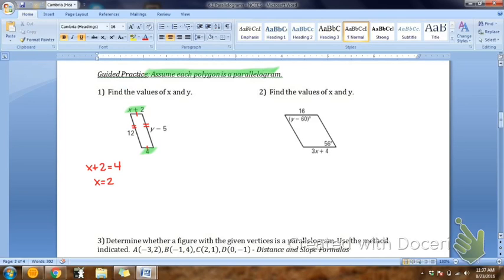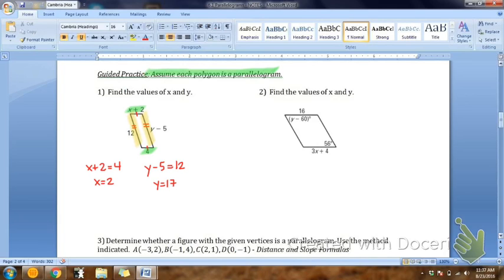But now we know that these two sides are the same. So what are we going to do with that? Set them equal. And then I'm going to add 5 over, and I get y to be 17. Pretty easy example.